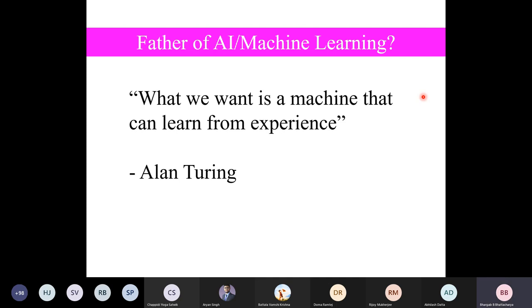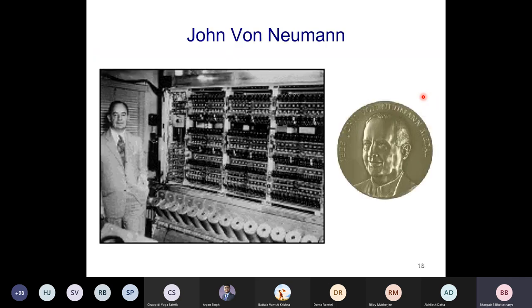So today we are conceiving machines which can learn by themselves, like reinforcement learning and so on. But long ago this was conceived by Turing himself. In the architectural space, John von Neumann, a Hungarian-born American mathematician and computer scientist, introduced what is called the von Neumann architecture.